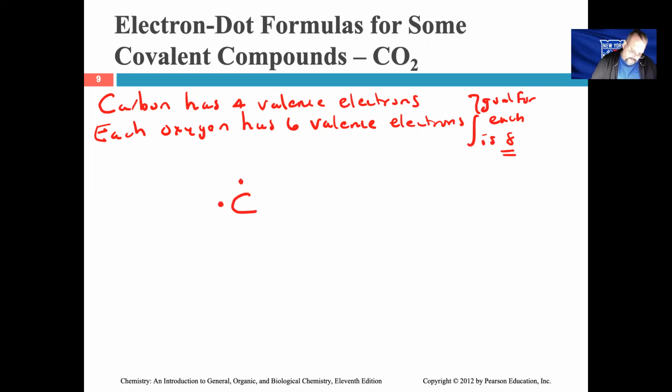I'm going to have the carbon in the middle, and then an oxygen to the left and an oxygen to the right. If we start with the oxygen on the left, in order to get from 6 to 8 valence electrons, it says, let me share one of my valence electrons with the carbon, and the carbon has a valence electron to respond in kind. So they'll share 2 electrons between them.